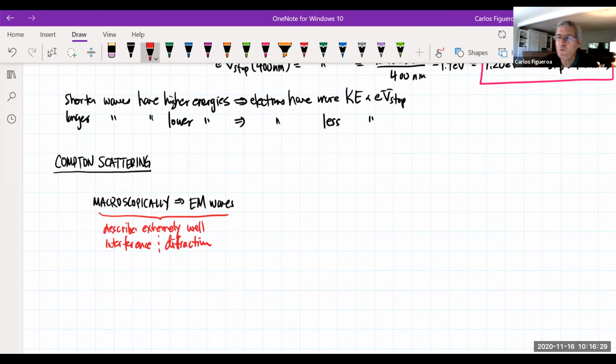There was no way a particle model could describe what was going on. But with black body radiation and the photoelectric effect, what you find is that it had trouble with black body radiation and the photoelectric effect.